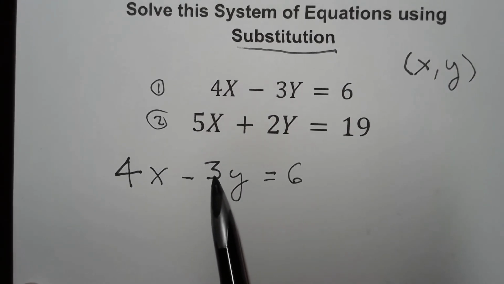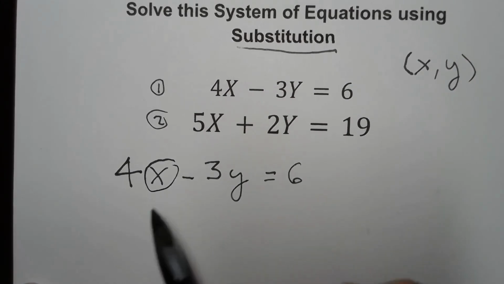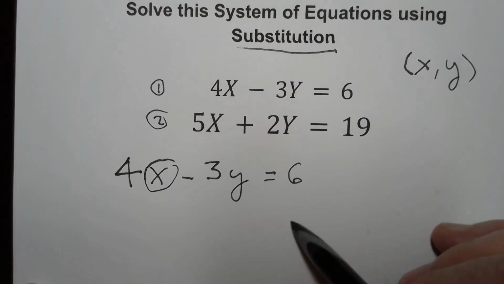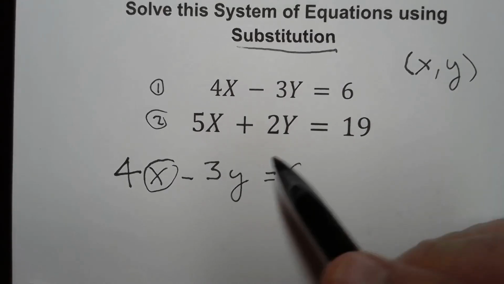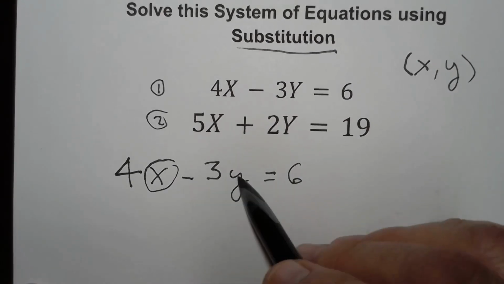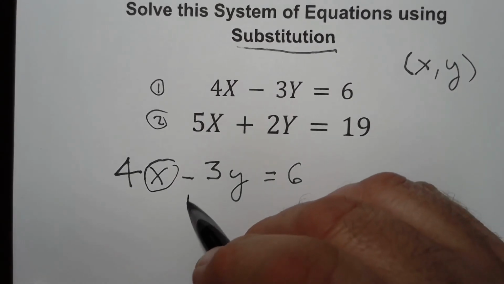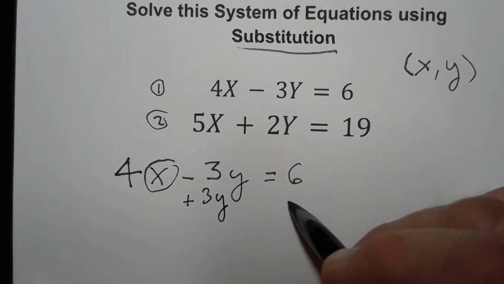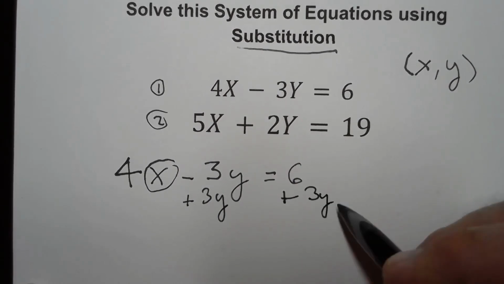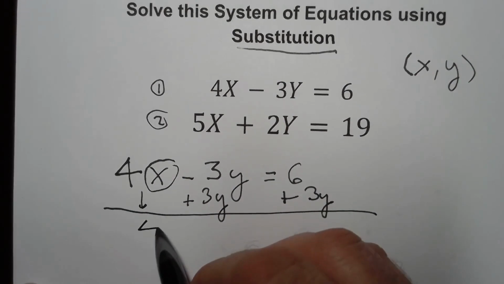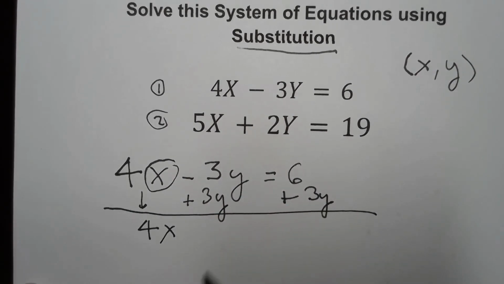What I'm going to do is solve for the x. So I need to move everything away from this x to the other side of the equation. Let's start with the minus 3y. I just do the opposite. Since I'm subtracting 3y, I'm going to add 3y to both sides. On a line, I bring down my 4x. I haven't done anything to that, just bring it down.